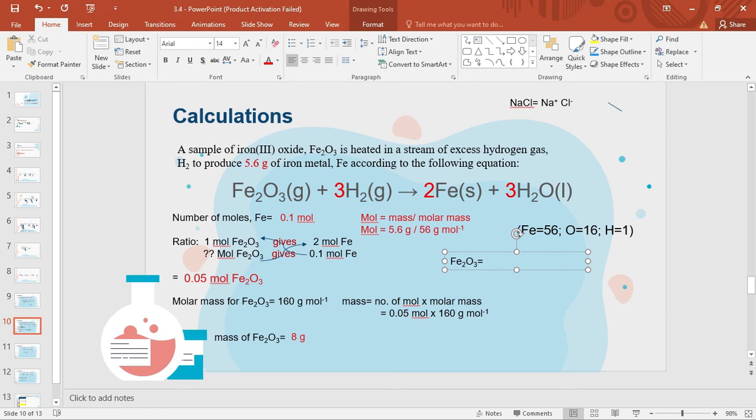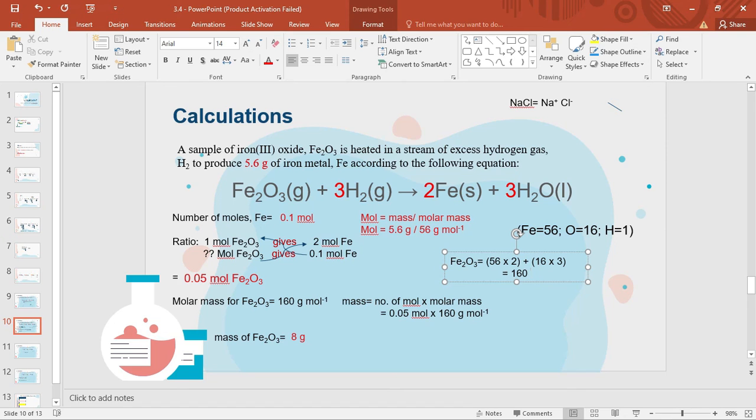Fe 56 kan? Kita buat satu-satu. 56 times 2, plus in bracket 16 times 3, equal to 160. Dapat? That is correct.